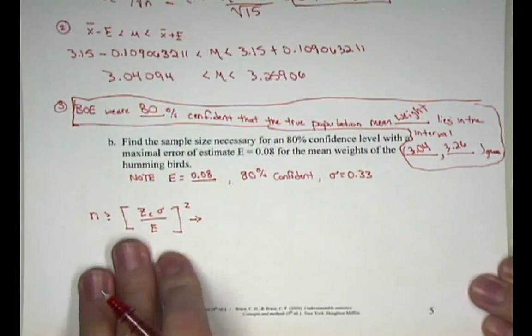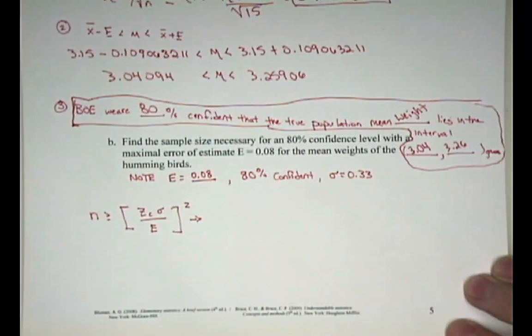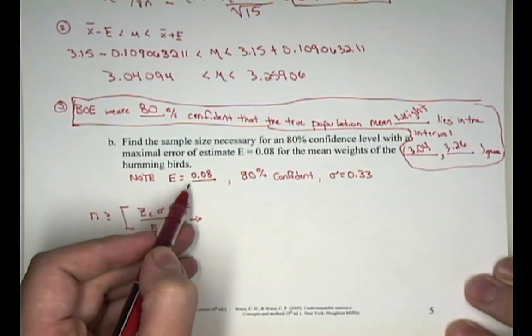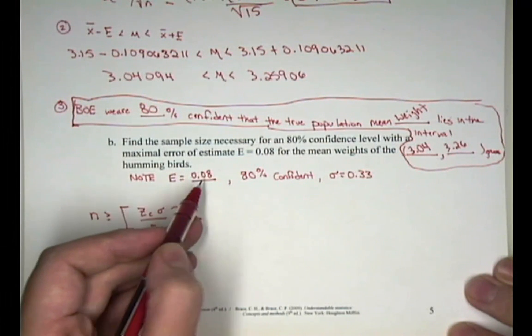So now they want you to find a sample size necessary for an 80% confidence level with a maximal error of estimate, that's another word for E, of 0.08 for the mean weights of the hummingbirds. So your error of tolerance, your margin of error, or also called your maximal error of estimate, has many names, is 0.08.